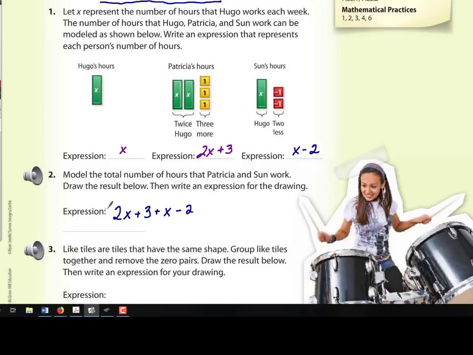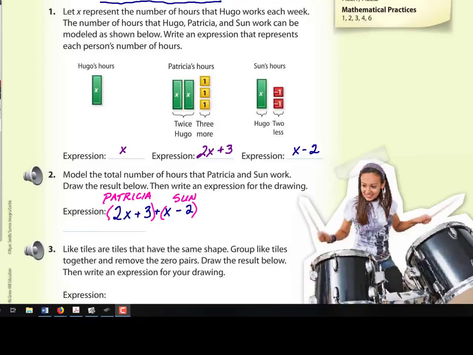Now, we don't need parentheses here. We can use them temporarily to help us divide out which each one is. So this is Patricia, and we just pulled this right from this expression, 2x plus 3, and this is Son. We're going to rewrite this before we go any further.